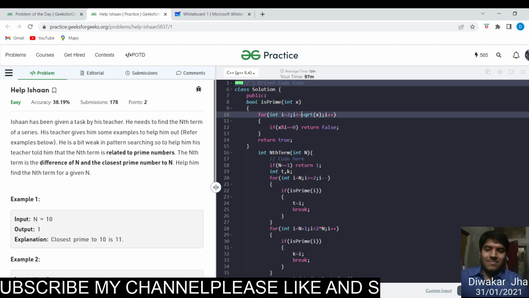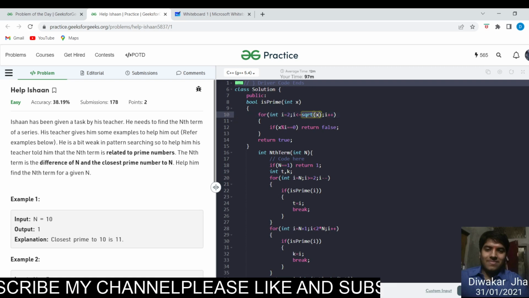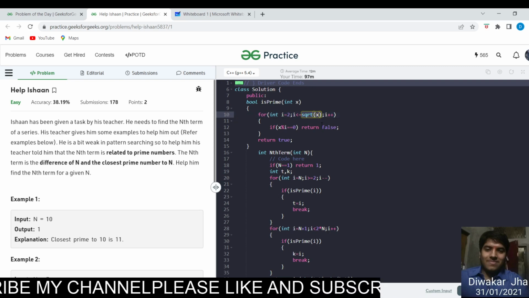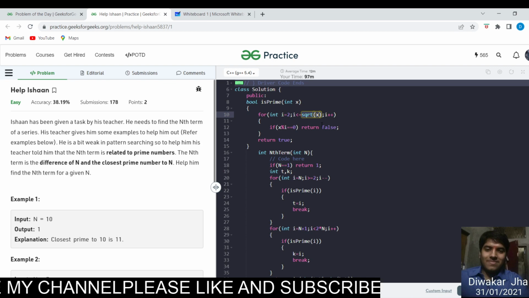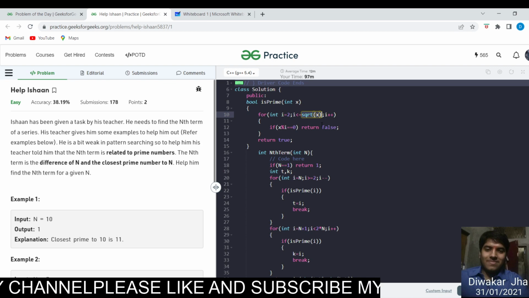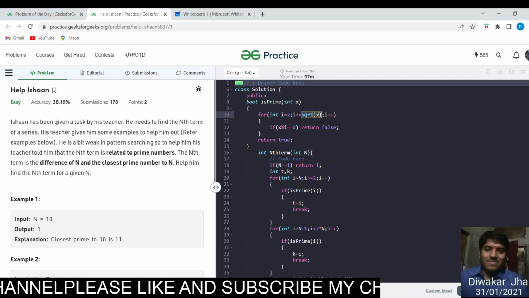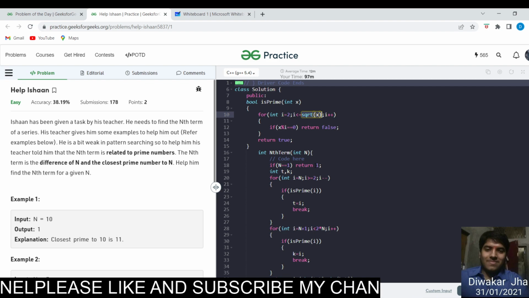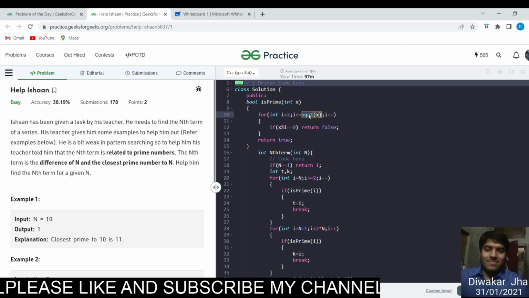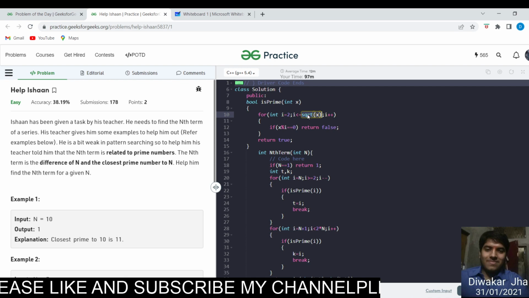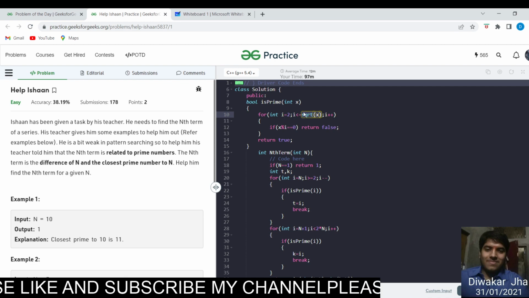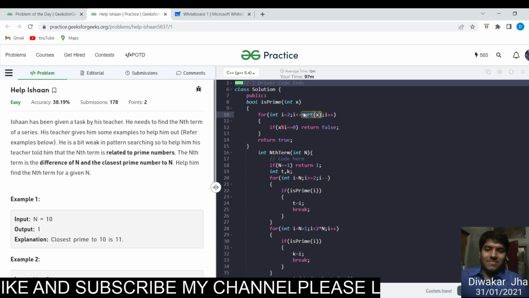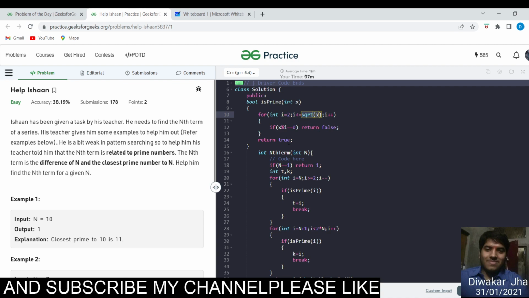This loop runs up to the square root of x, to escape a runtime exception, and generally to avoid the time limit exceeded error.